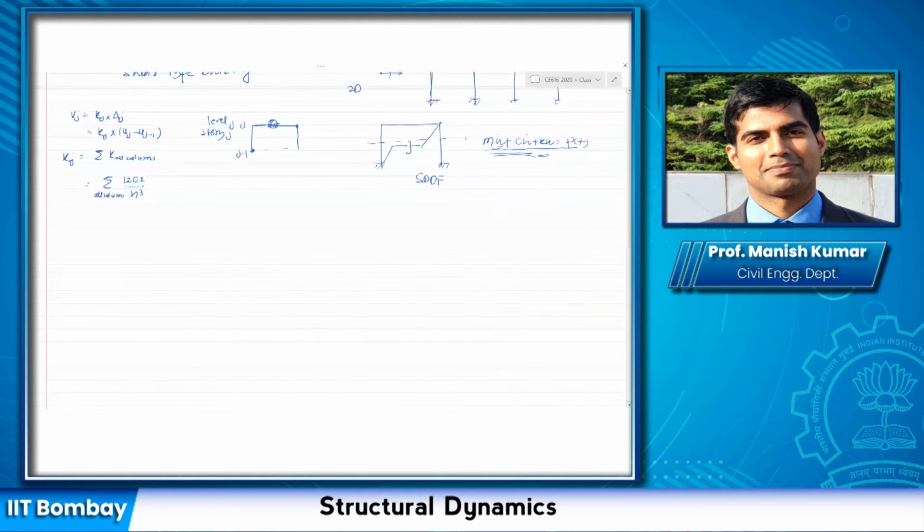Okay, so in that case, the contribution to Vj, so this is the stiffness contribution, the Cj, which is the damper coefficient at that particular story, times delta J dot, which is Cj times (Uj dot minus Uj minus 1 dot). Okay, and again, if there are multiple dampers, Cj would again be the summation over all the dampers. Okay, so this is for an individual story.